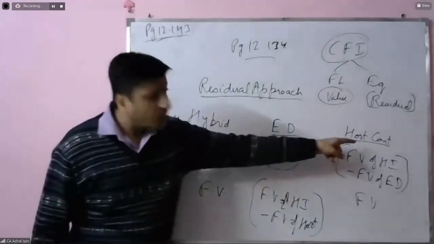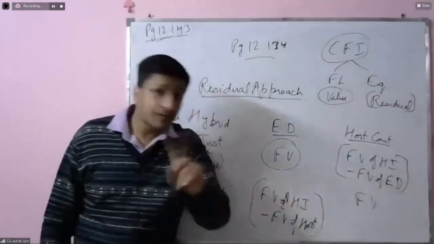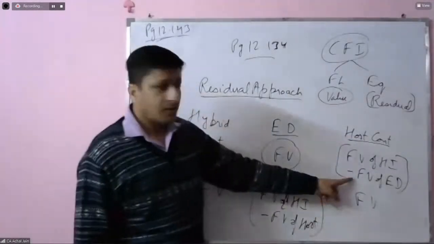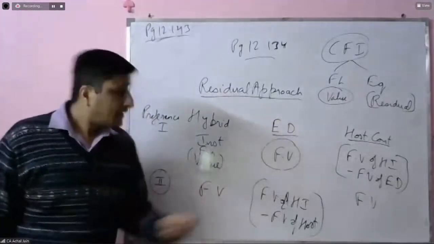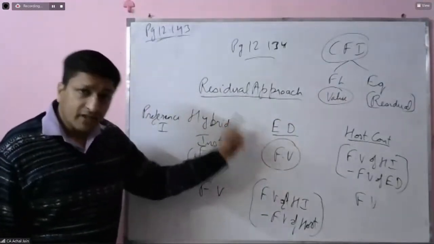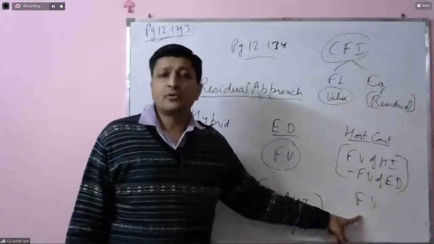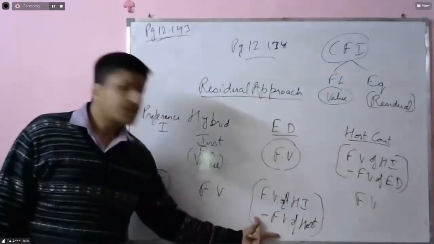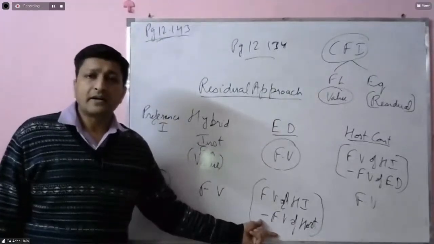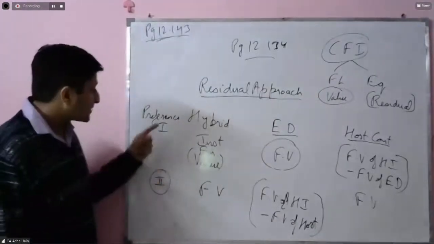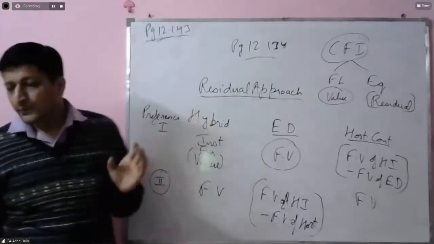Even if we are able to get the fair value of host, still we will not compute it. This should be residual. But in case fair value of embedded derivative is not available, then we will check if this fair valuation is available, and we will say fair value of embedded derivative is residual. That's why I'm saying preference 1 and then 2.